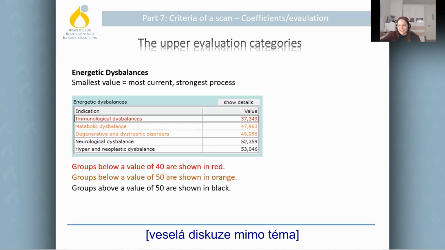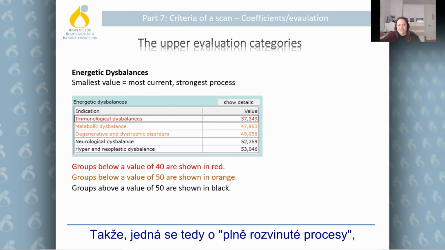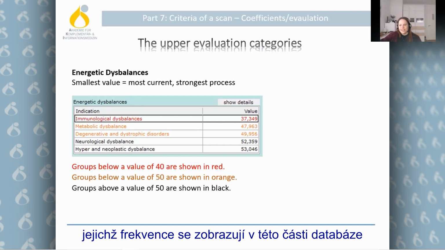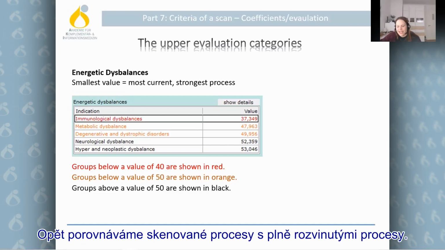Thanks a lot. So it's a fully developed process that's listed in a frequency that are stored in the database, and we connect the scanned processes with a fully developed process.